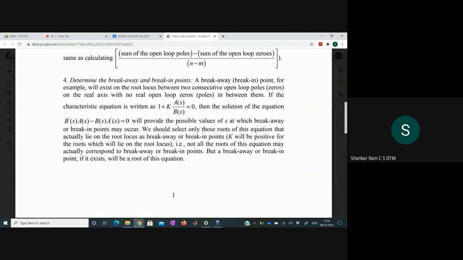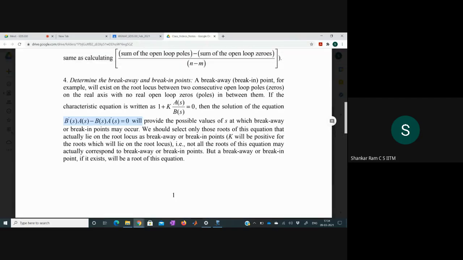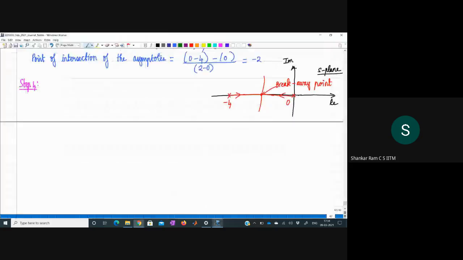I will draw a scenario shortly. But this step is common for the breakaway and break-in point. So what we do is the following. We use this equation to solve for breakaway and break-in points. But the question becomes, how do we get this equation in the first place? So let's look at that.